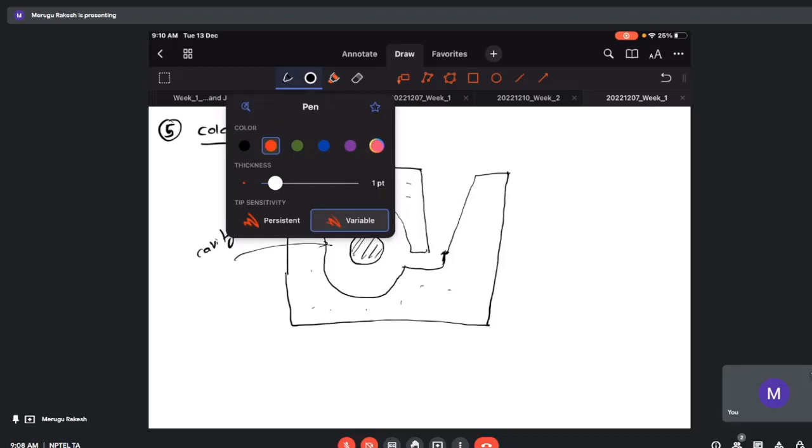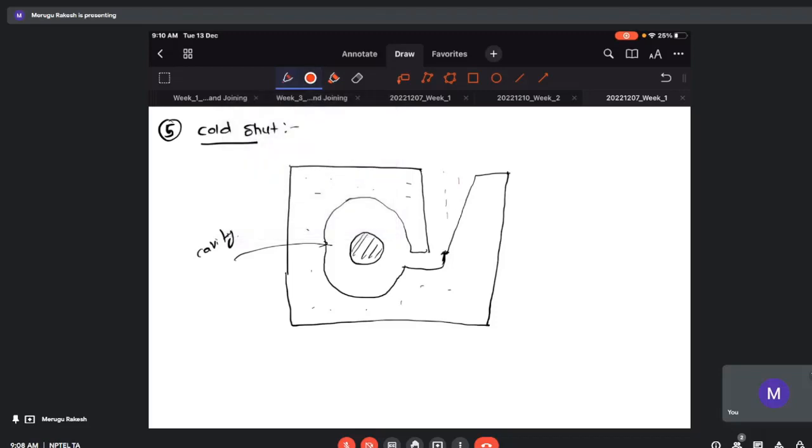When you pour the hot metal into it, it initially comes like this. Then once it is at the level of this gate, it tries to fill from both sides, and we have a junction where these two streams of metal meet and form this incomplete fusion kind of mark. Okay, so this is also due to the same reasons.